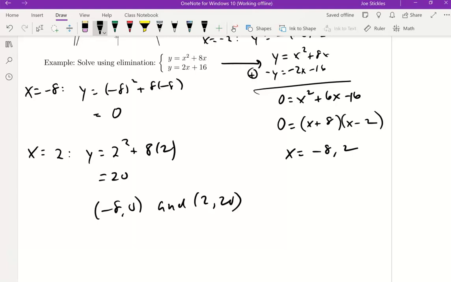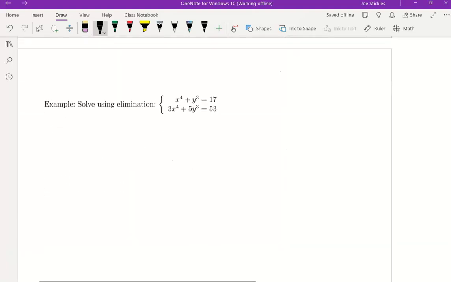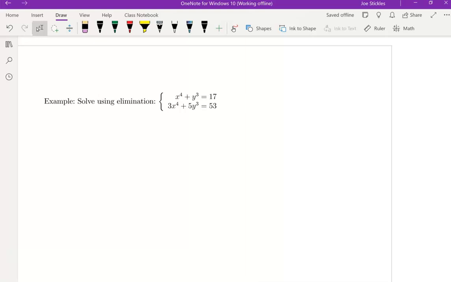Okay. Well, let's see about doing another one here. This one again asks us to solve by elimination.